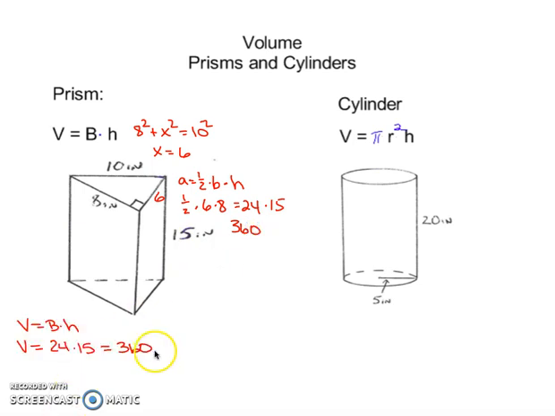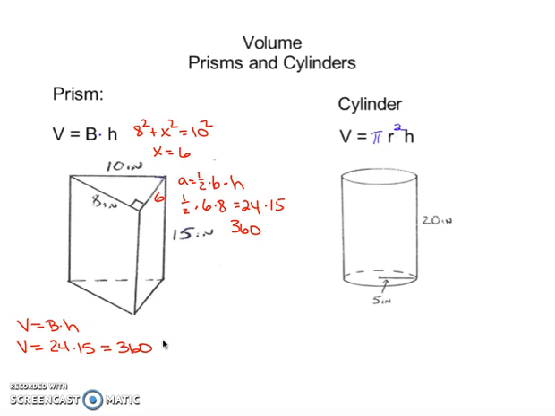Now volume is different from area, and I rewrote everything down here so it was clearer to see. Since volume is different from area, when you're talking about volume, or the capacity that something holds, that's going to be in cubic units. So we are not going to have units squared anymore.